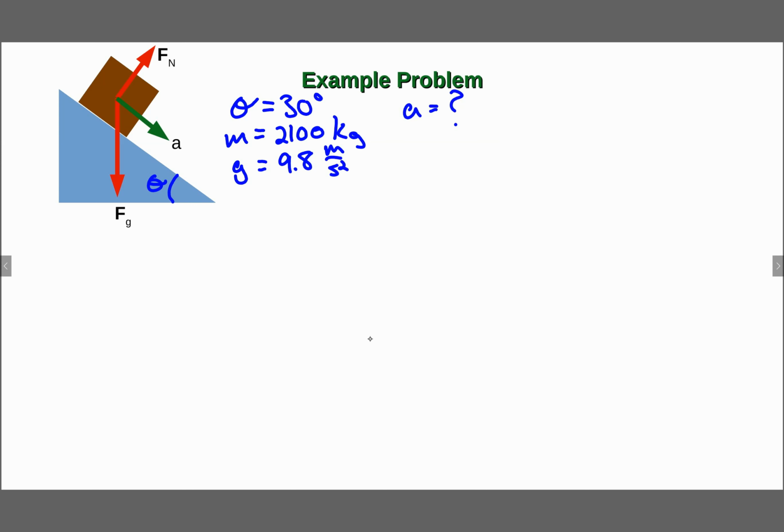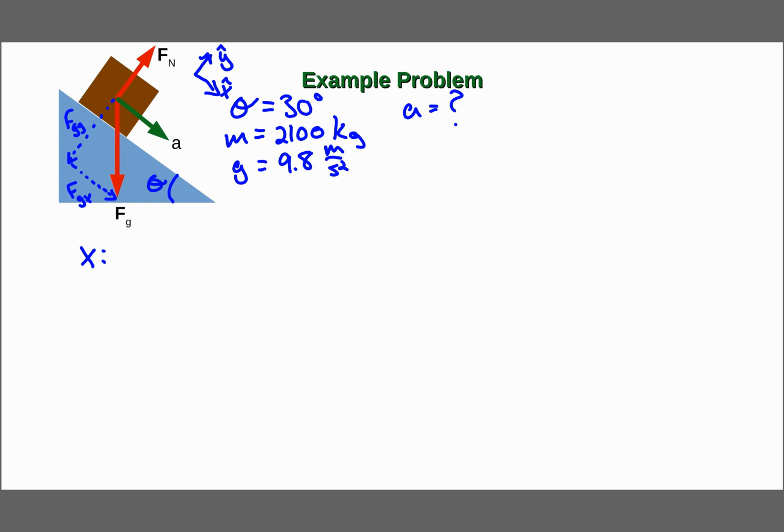We'll choose a coordinate system where x goes along the ground and y is normal to the ground. And then we'll solve in the x direction. Remember that gravity, if we break it down into its components in our new coordinate system, has F_G,y pointing in the y direction and F_G,x pointing in the x direction.